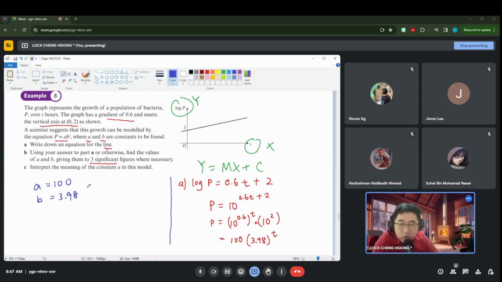That means for C here, the value of A is when T equals 0. The P equals 100, which is the A value. What does it mean? It means your initial population of bacteria.